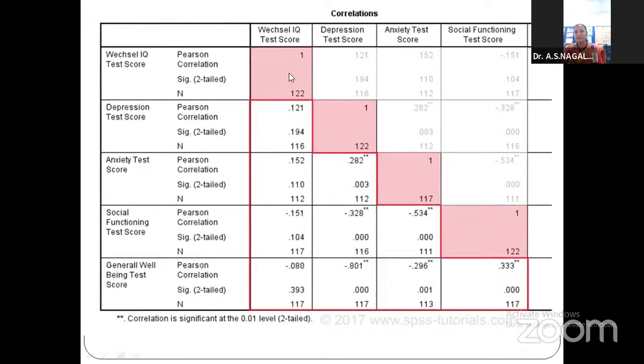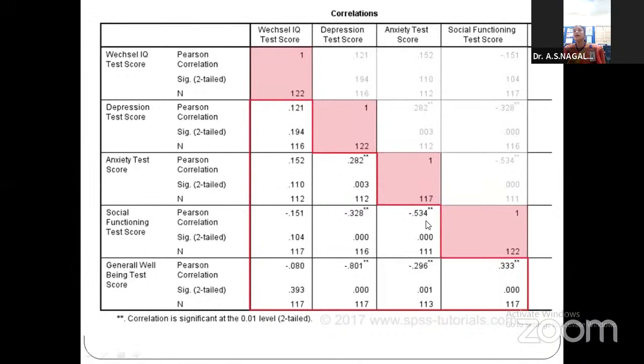The same way, here we have verbal IQ score with anxiety test. It is also 0.52, not strongly related. When general well-being is tested with depression test score, it shows 0.801. That is related to each other.